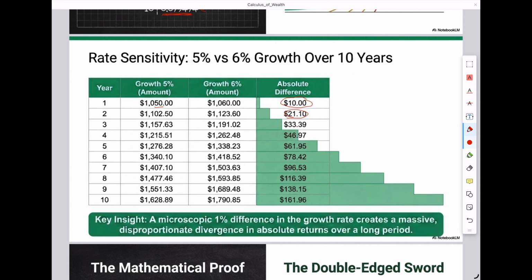And then the third year and so on, because the 6% always generates a little bit more interest than the 5%, the difference in that interest also grows. So you can see by the 10th year that 1% difference initially costs you a difference of $161.96. So overall, what is the difference in my returns? It is actually the whole sum here, which is a lot, right?